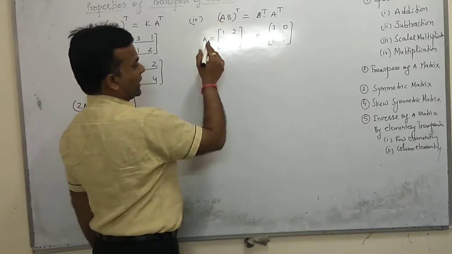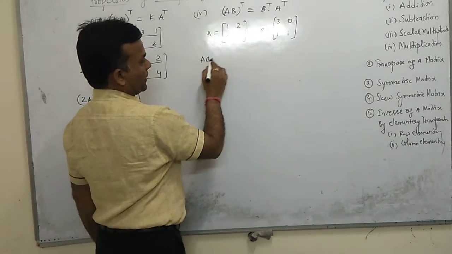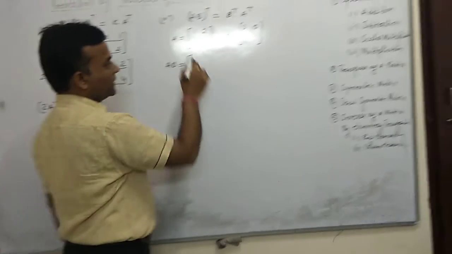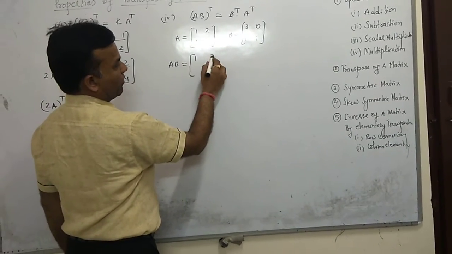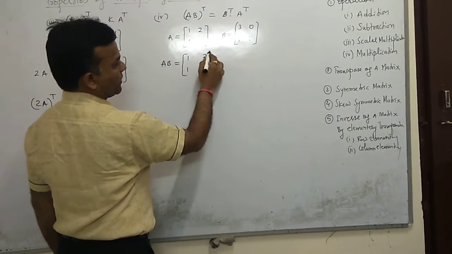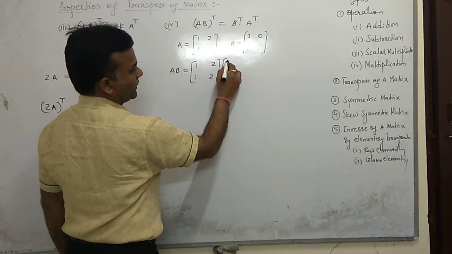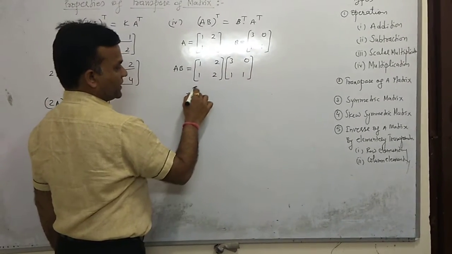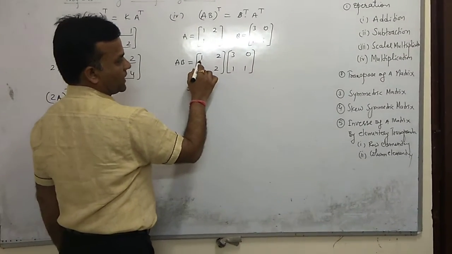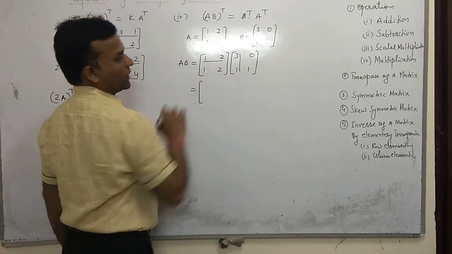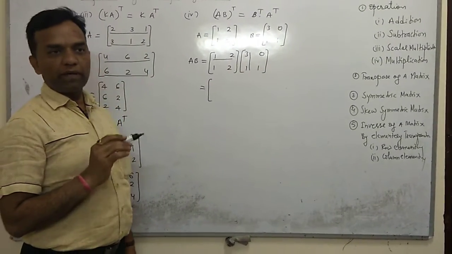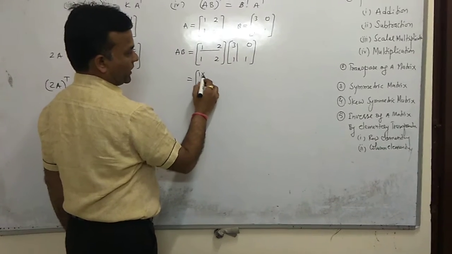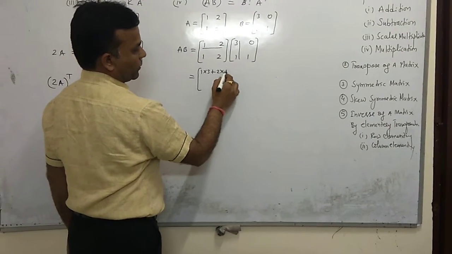First here we have the LHS part. First you find AB. AB means we will multiply A and B, as we did before. 1 2 1 2 we have the same, and then 3 0 1 1. For multiplication you should know that the number of row elements and the number of column elements must be the same. And now we multiply corresponding elements, like 1 into 3 plus 2 into 1.